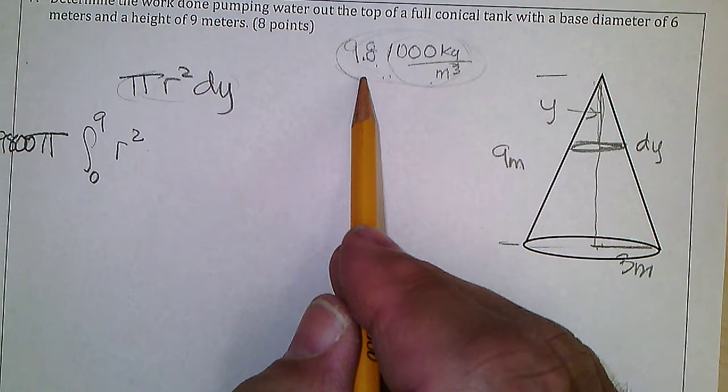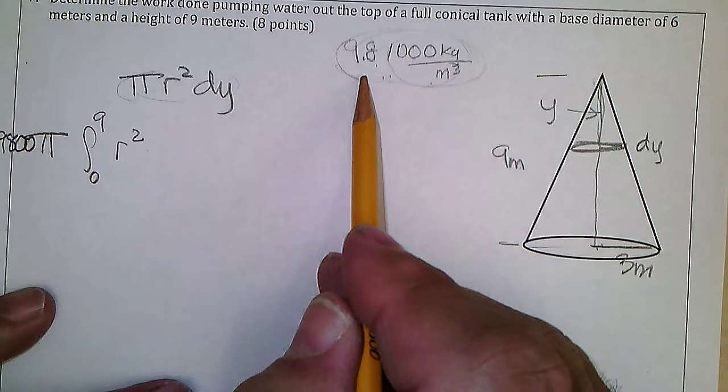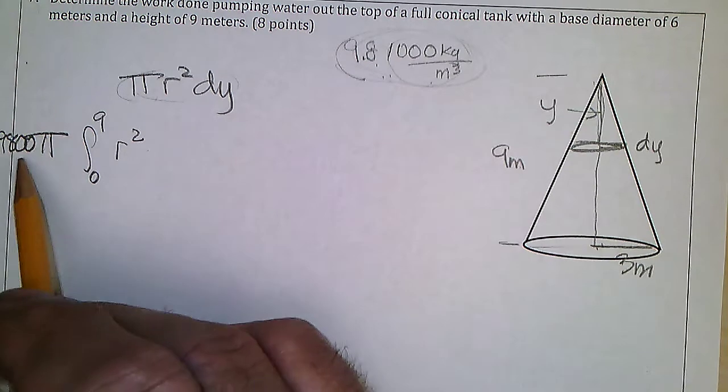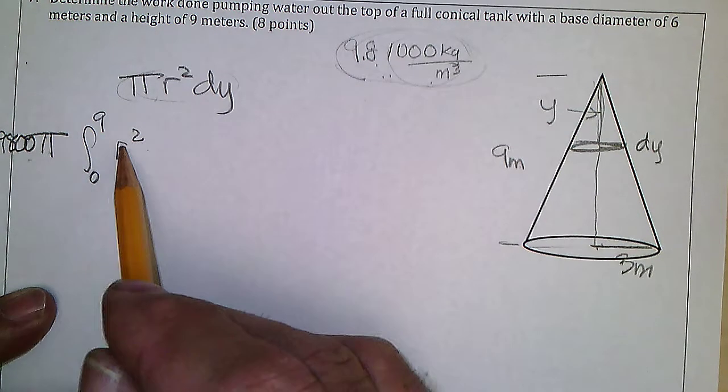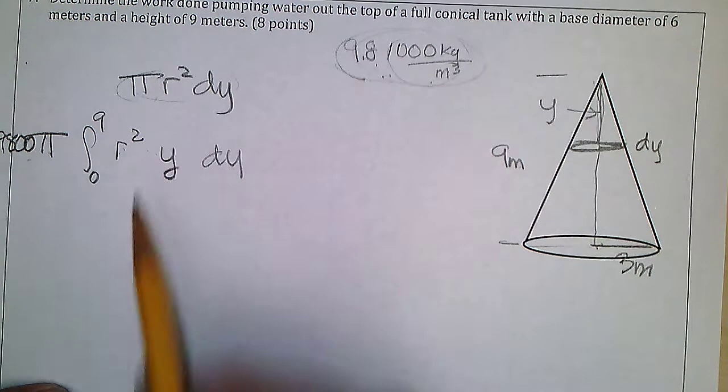That would be the weight density of the water times the volume, which is pi r squared dy, times the distance, y.